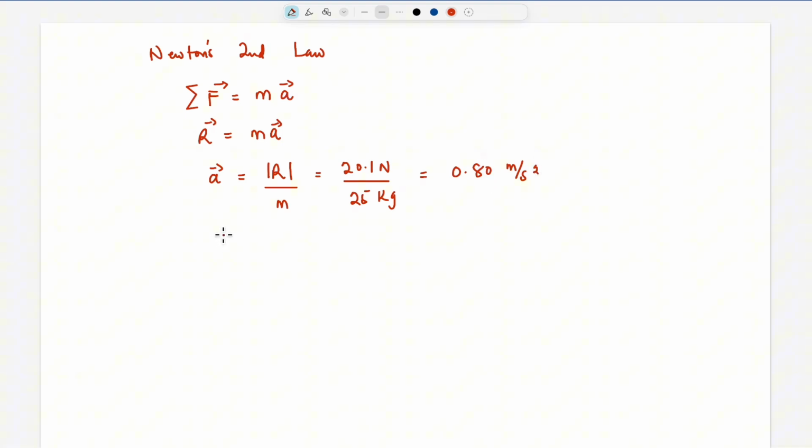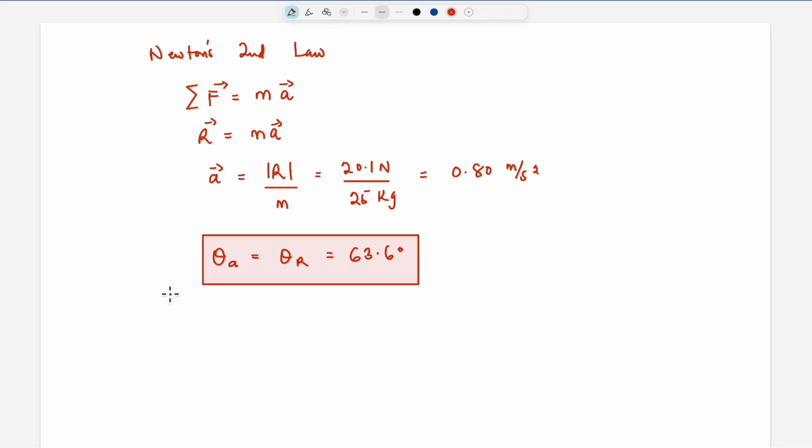However, from Newton's second law, we know that the net force produces an acceleration in the direction of the net force. So therefore, the direction of the acceleration is going to be the same as the direction of the resultant force, and that is equal to 63.6 degrees.